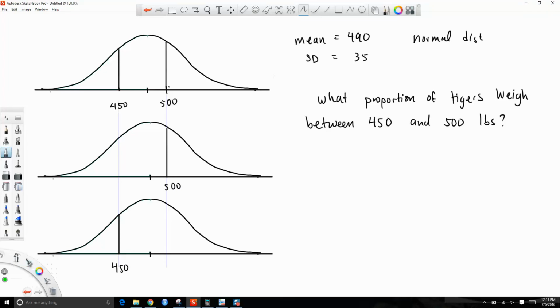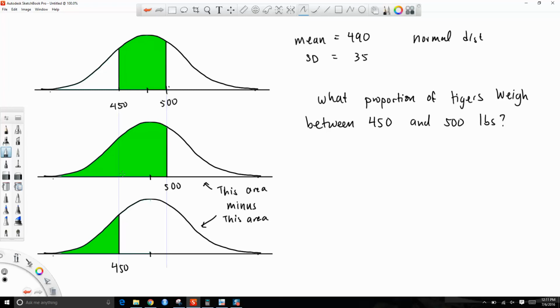So if this is the area that you want, we're going to take this area minus this area. Does that make sense? To get the area in between 450 and 500, we're going to find the area to the left of 500, find the area to the left of 450, and then take the difference, and we'll be left with the area in between.